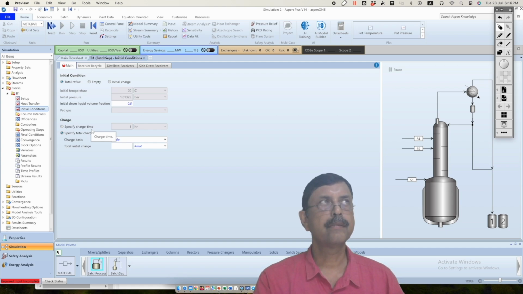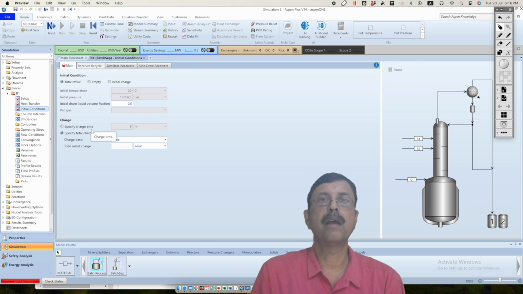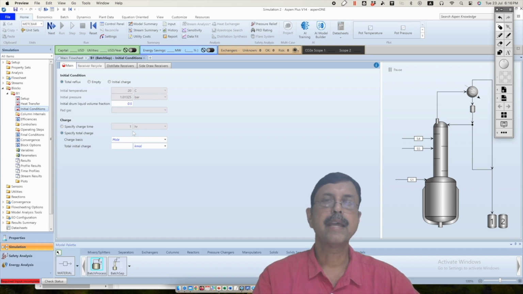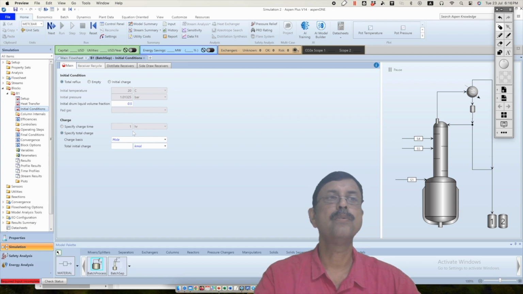So we always give the inlet as so many moles per hour or so many kgs per hour. If you specify the total charge time, say 1 hour, and your total feed is say 20 kilomoles per hour, then it is 20 kilomoles. That is the total amount of initial charge that you give in the system.